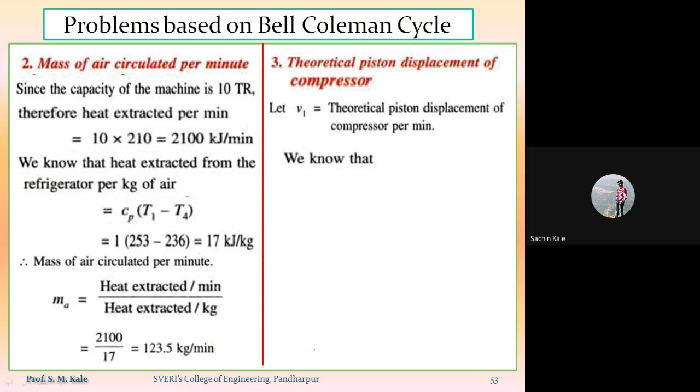So from the equation P1 V1 is equal to m R T1, we get the value of V1 as mA RA T1 divided by P1. Now we require the value of V1 in terms of meter cube per minute.